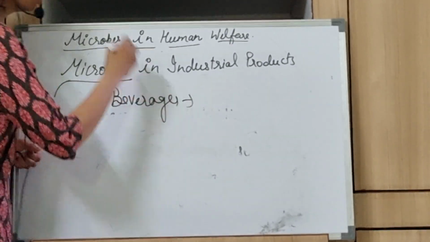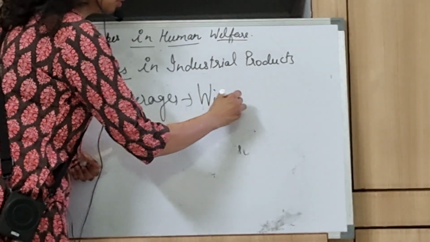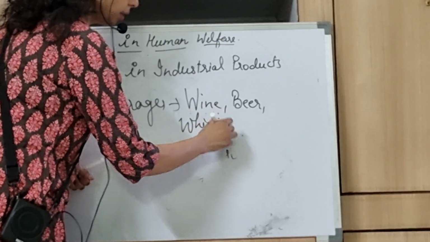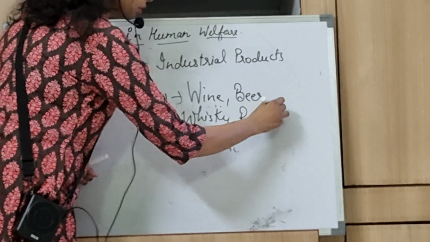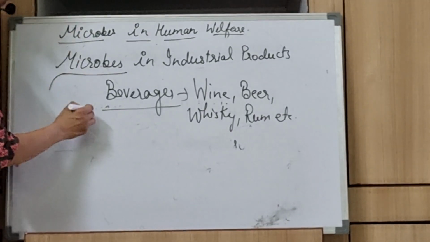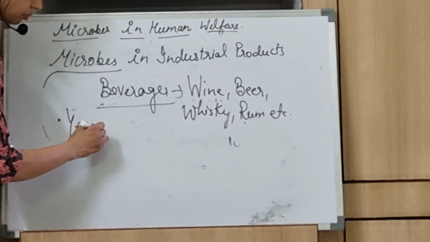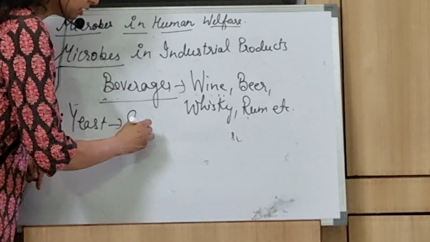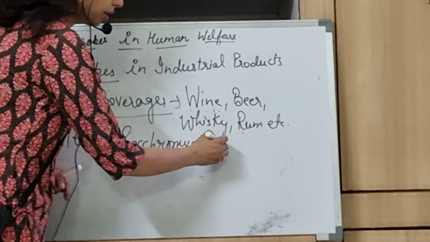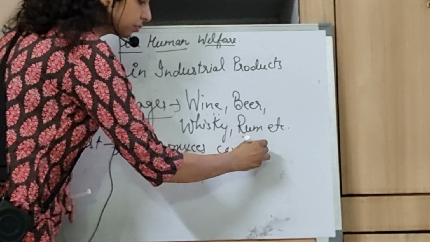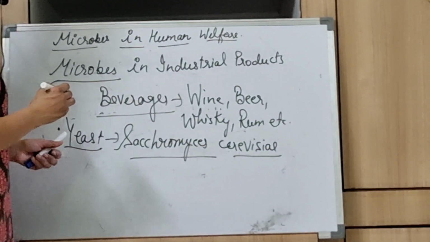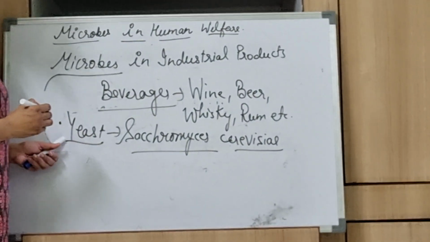Beverages include wine, beer, whiskey, rum, etc. For the preparation of beverages, the yeast Saccharomyces cerevisiae is used, and we have seen in our previous section that yeast is also used for baking purposes.